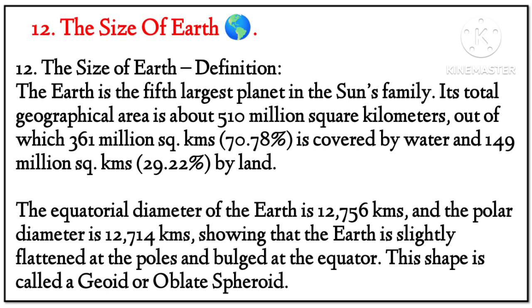The equatorial diameter of the Earth is 12,756 kilometers and the polar diameter is 12,714 kilometers, showing that the Earth is slightly flattened at the poles and bulged at the equator. This shape is called geoid or oblate.